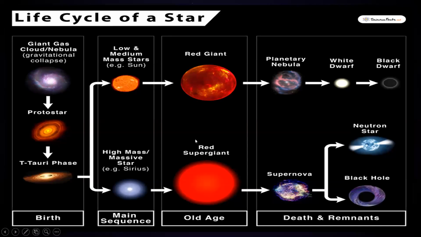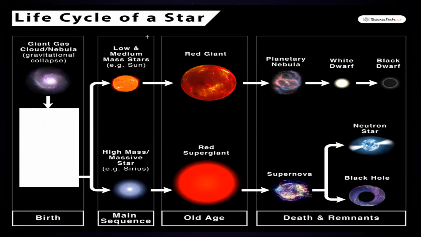Then we'll move on back to the Hertzsprung-Russell diagram. If we have a protostar, leave the T-Tauri phase. At your level, just remember you start with a protostar.